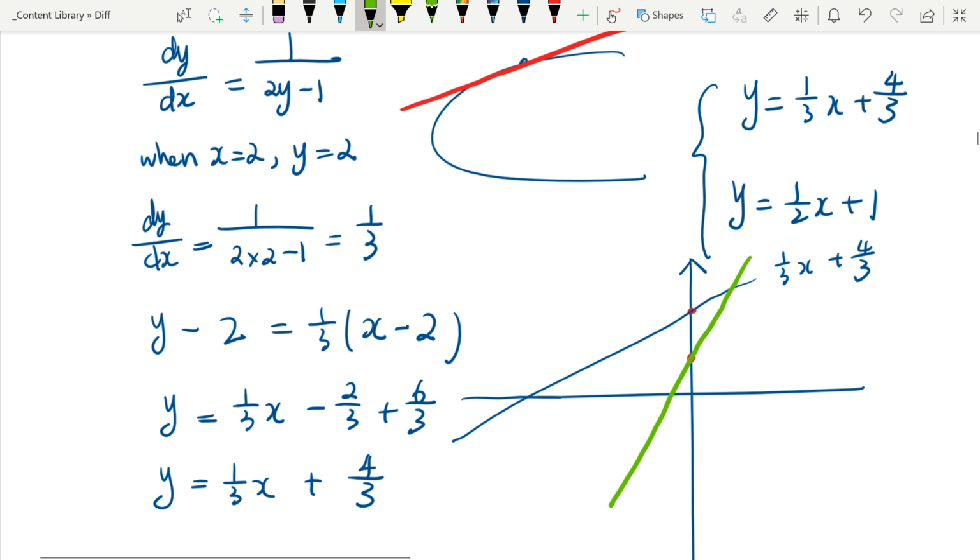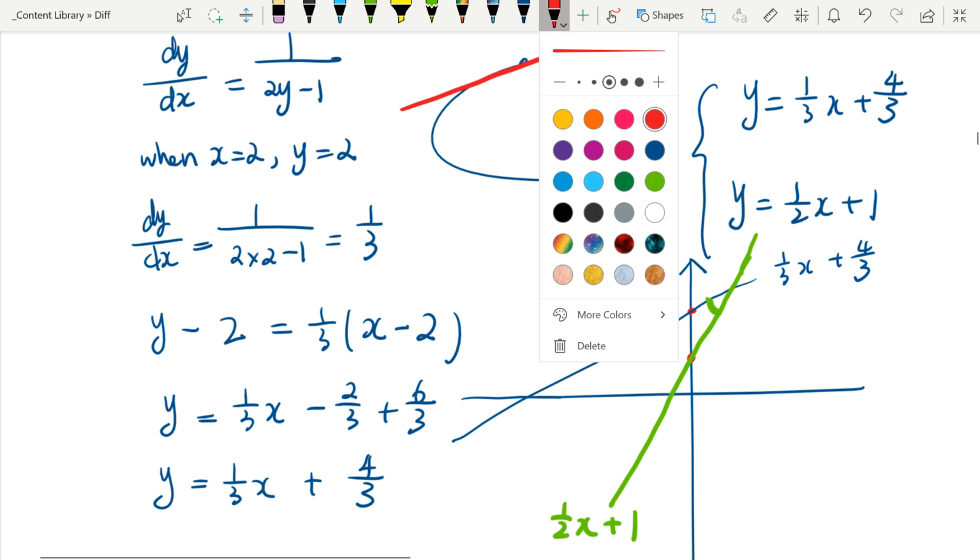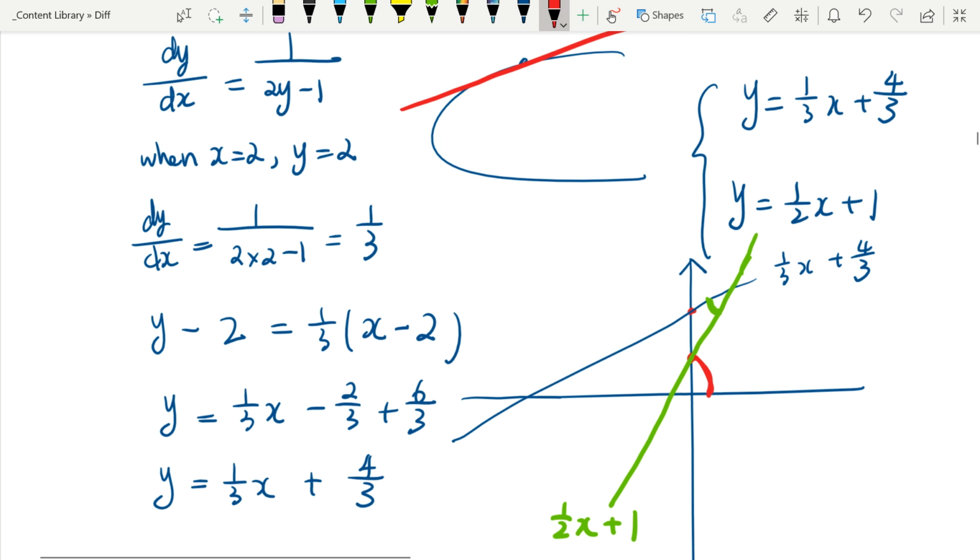It's not really accurate; it should be a little bit flatter that way. Which angle am I looking for? That's the angle I'm looking at. Give me an expression for that angle.